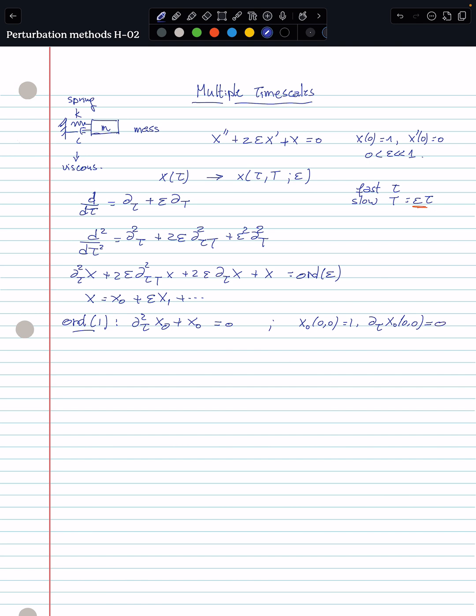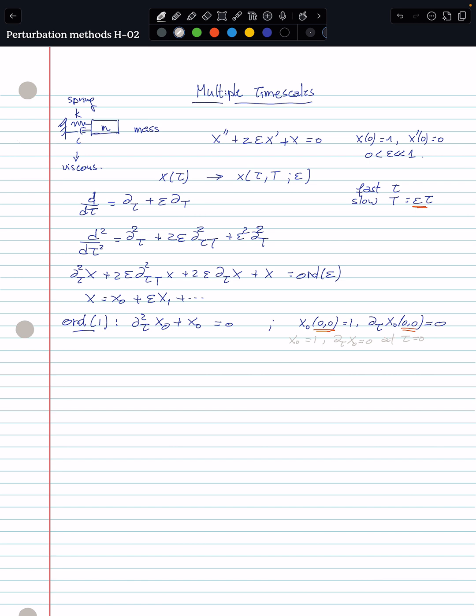Sometimes what you would see in the literature is that you don't necessarily see this, and some people might write something that looks like that: the value of the function and its first derivative at tau equal to 0. That becomes slightly problematic, right?